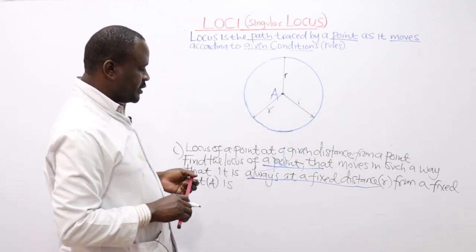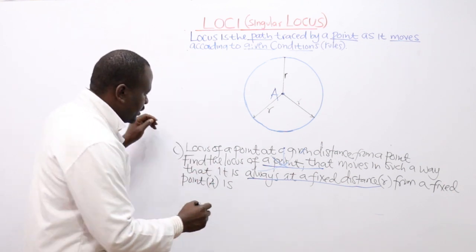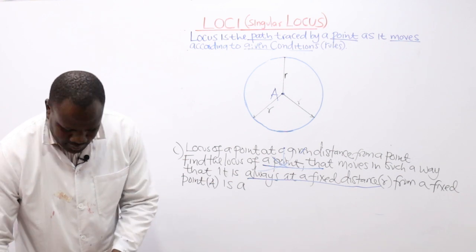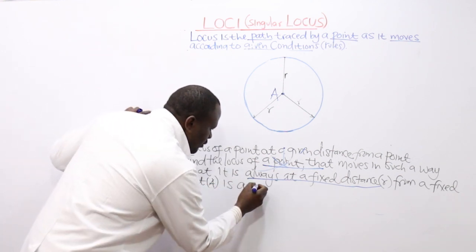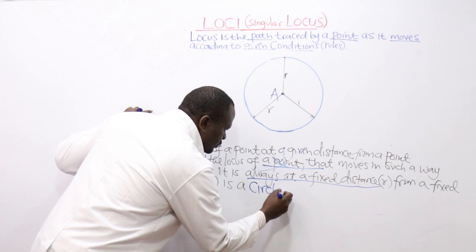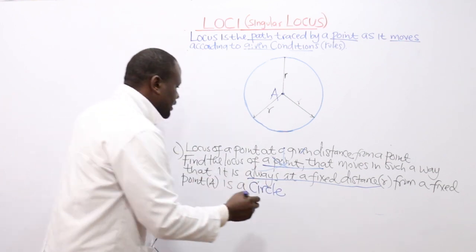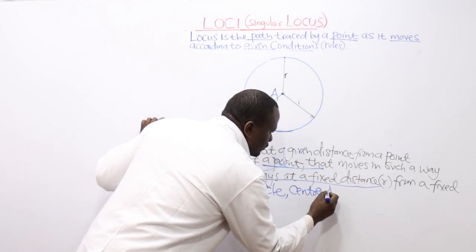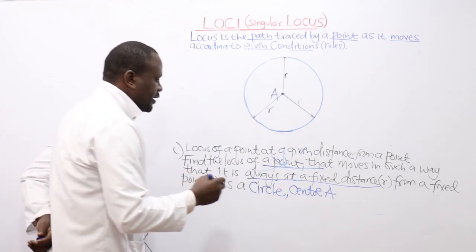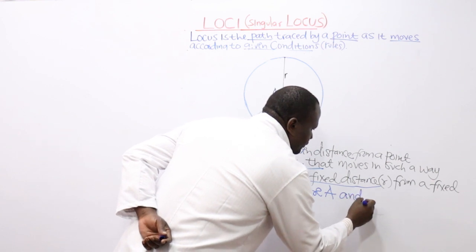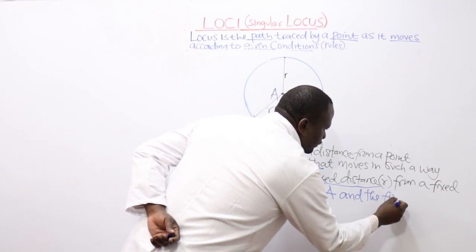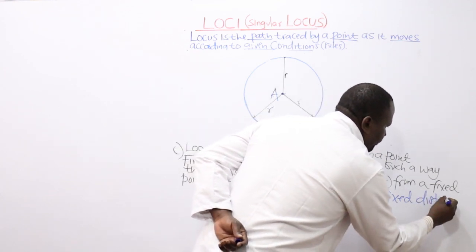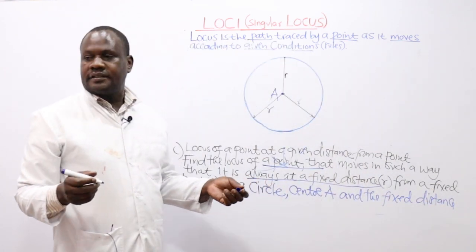So what can we say it is? It is a circle, center A, and the fixed distance, what is the fixed distance?